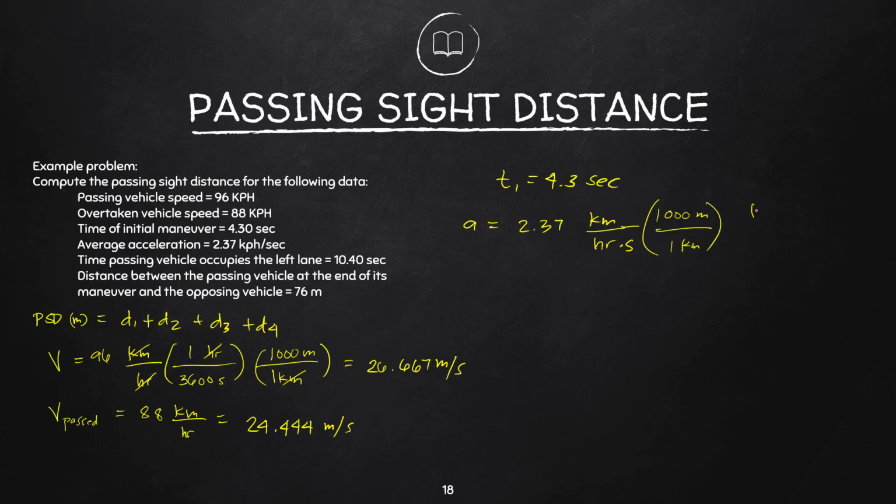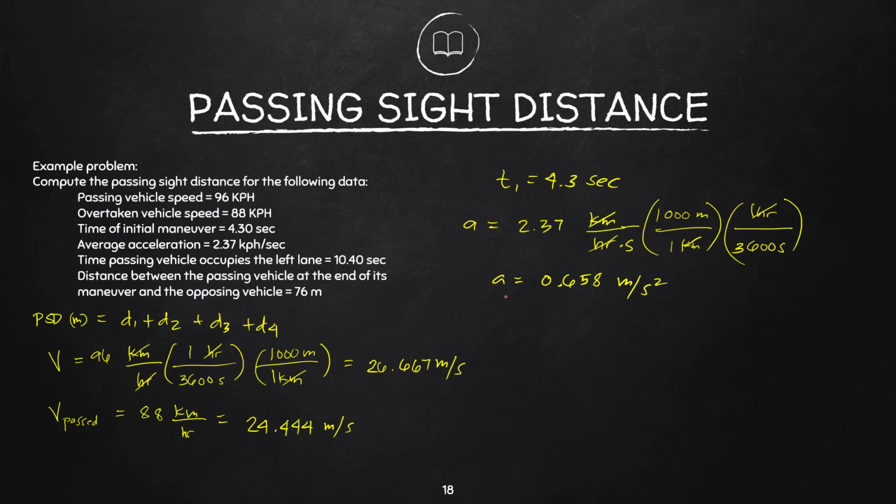And again, 1 hour is equal to 3,600 seconds. And you will have your acceleration in terms of meters per second squared, because we will cancel the kilometer, and we are left with meters per second squared. This will be 2.37 times 1,000 divided by 3,600. This is equal to 0.658 meters per second squared.